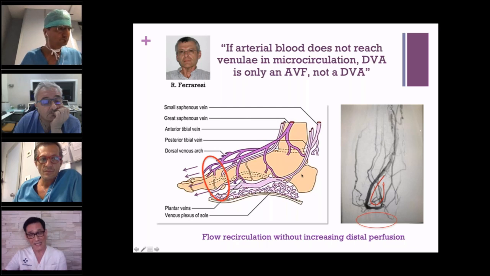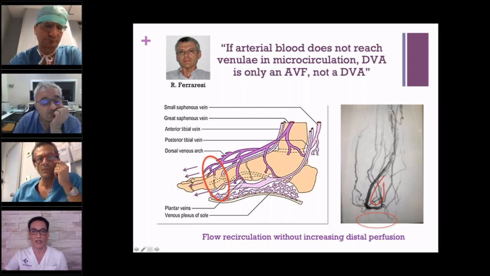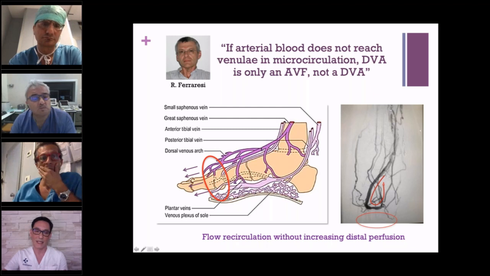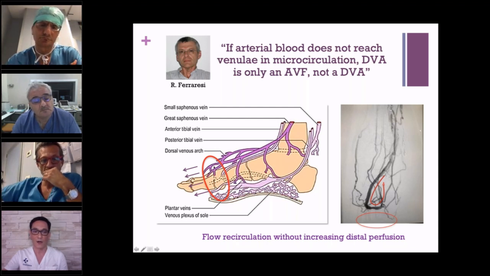And this was nicely presented in the LINC 2020 with a concept, escape from the forest. And as Bruno has already mentioned, the forest is basically the confluence of the superficial dorsal system and the deep plantar system at the level of the perforators.